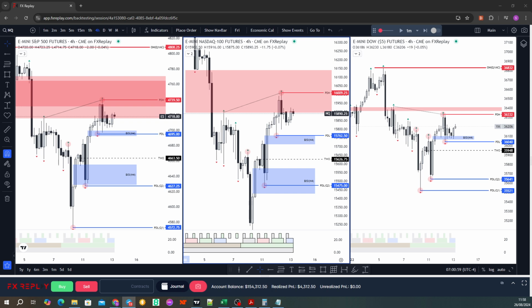And as I said, bullish fair value gaps are being repriced and rebalanced. With the market showing a willingness to reprice higher. So that's key.